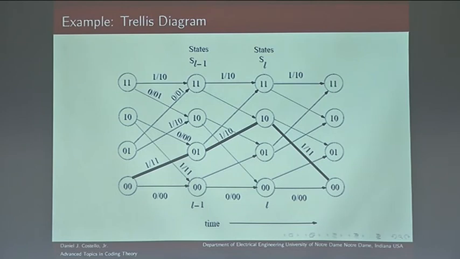in 2 very practical applications of convolutional codes. One is in modem applications, high-speed modems, where you use high-rate convolutional codes, and it's common to use feedback encoders for these codes.